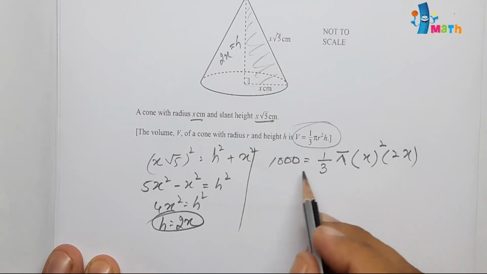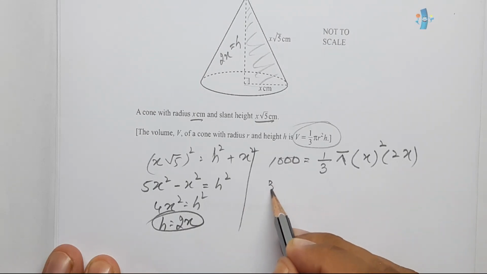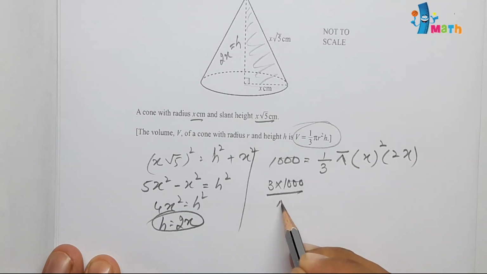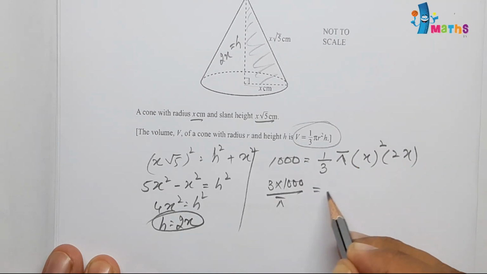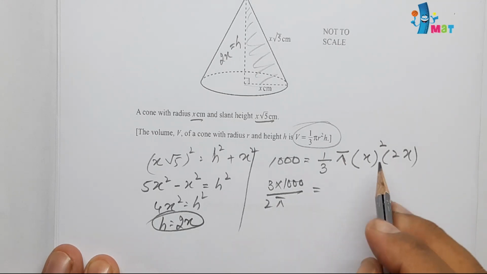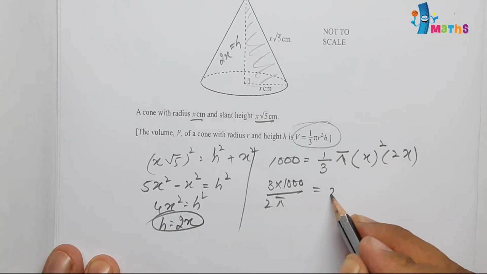And if we shift this one, this will be 3 into 1000 over pi will be equal to 2, also we can shift to this side, so 2 pi is equal to x cube.